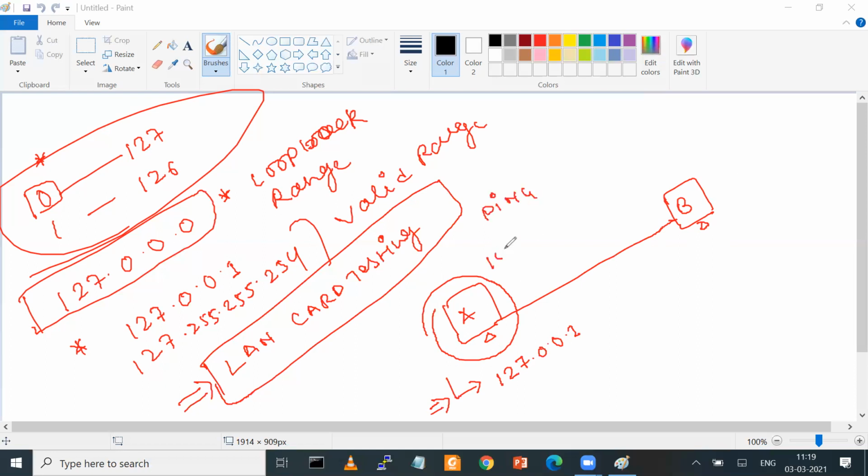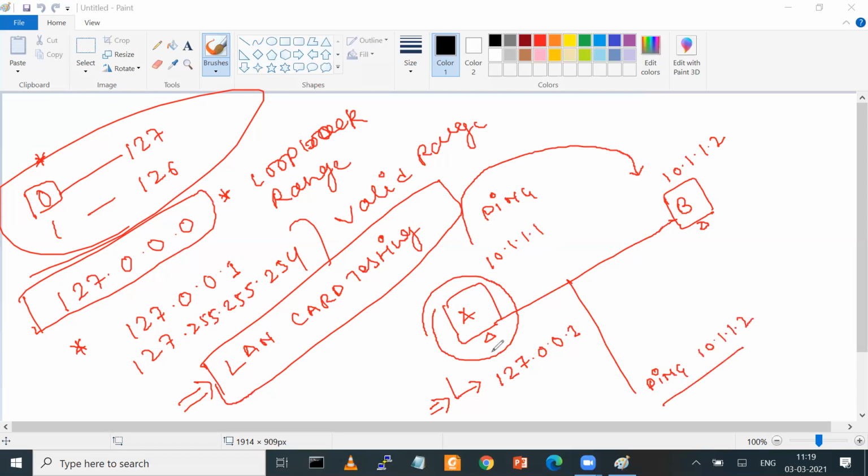Suppose I put an IP 10.1.1.1 on this machine and 10.1.1.2 here. In order to verify whether my connection is okay or not, whether I'm connecting with this machine logically or not, we just have to use the ping command. So ping 10.1.1.2. I have to check.